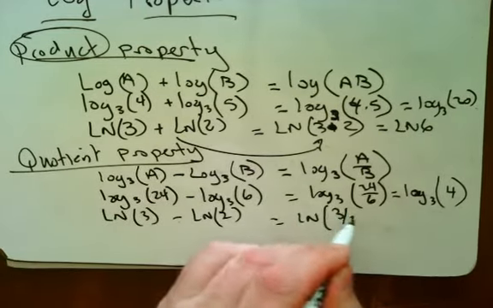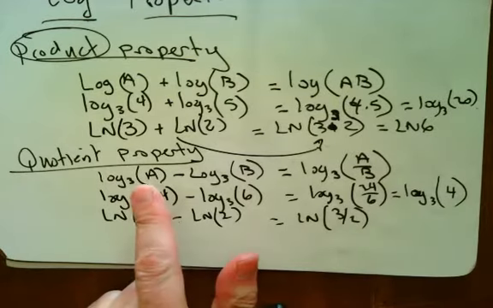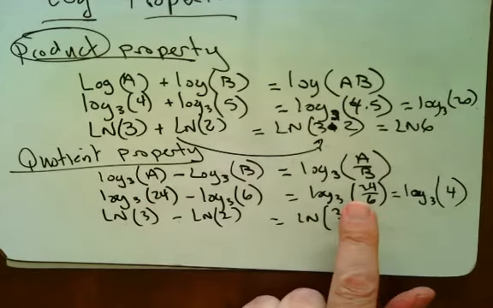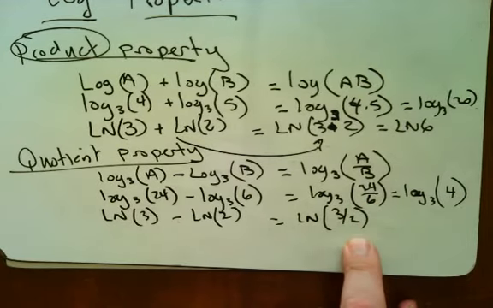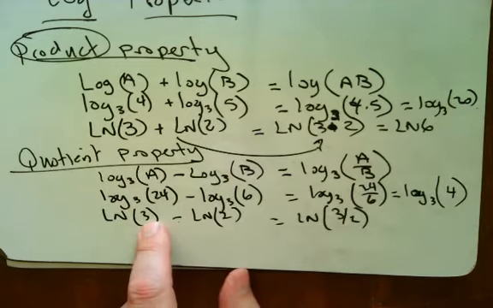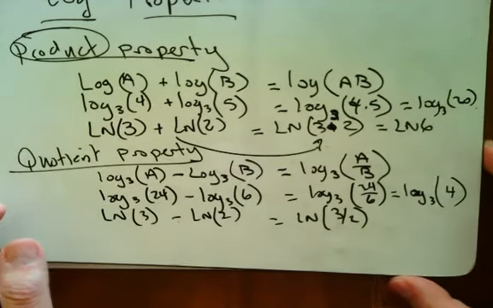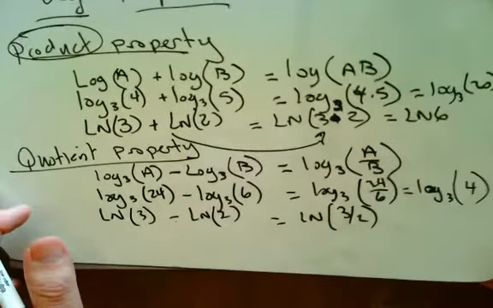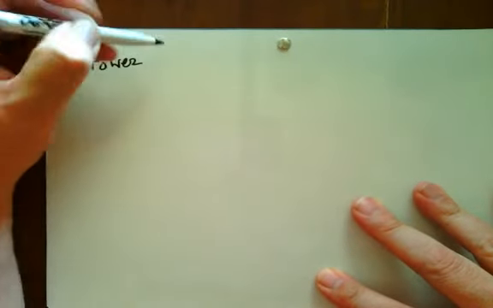And yes, of course, it works for ln's as well. ln of 3 minus ln of 2 equals ln of 3 halves. All right? And you should be comfortable taking 2 logs and writing them as 1. That's called condensing. But you should also be comfortable looking at this log over here and expanding it into 2 separate logs. So we'll be condensing and expanding for the rest of class as soon as we're done with our last log property.